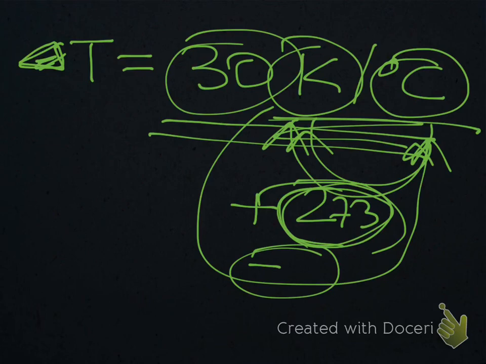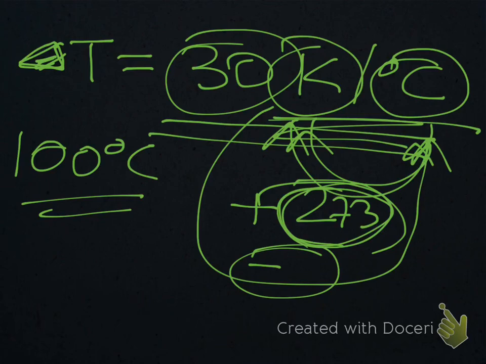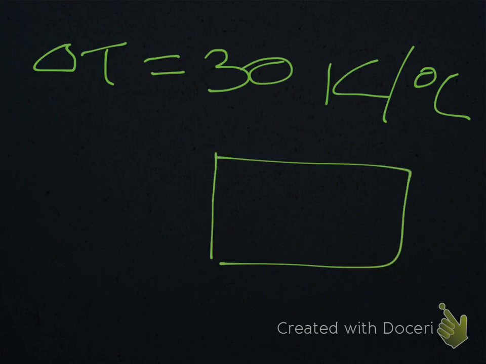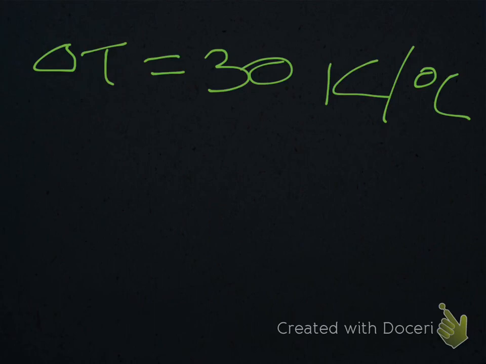Now we know water boils at 100 degrees Celsius, right? Now let me explain this thing qualitatively to you. So we got delta T to be equal to 30, and it can be in Kelvin or degrees Celsius. Now since water boils at 100 degrees Celsius, let me use the previous color which I used.